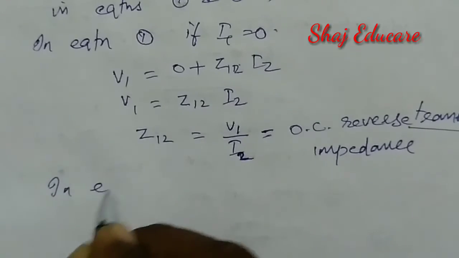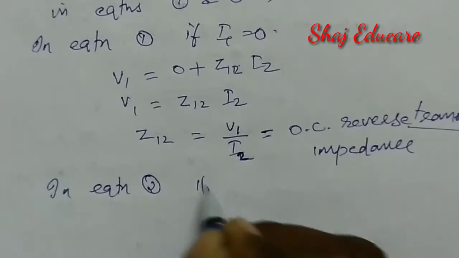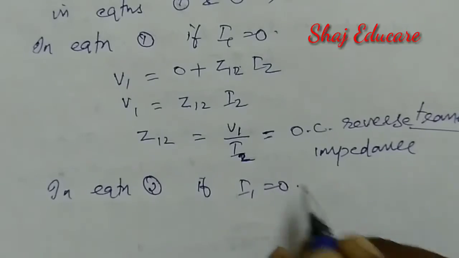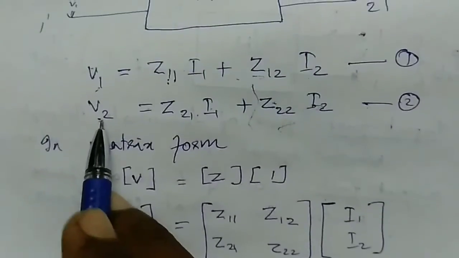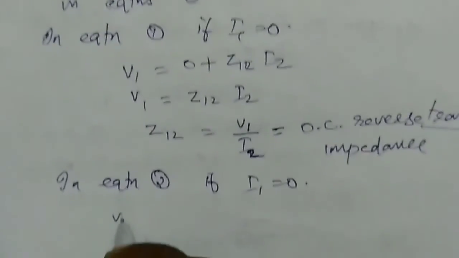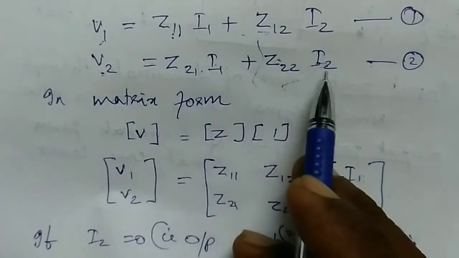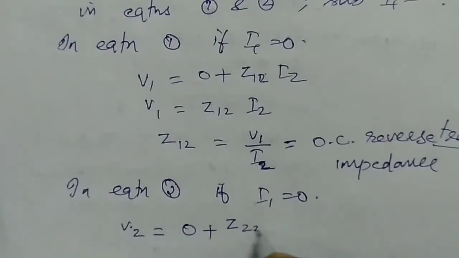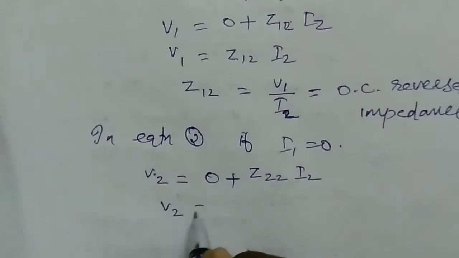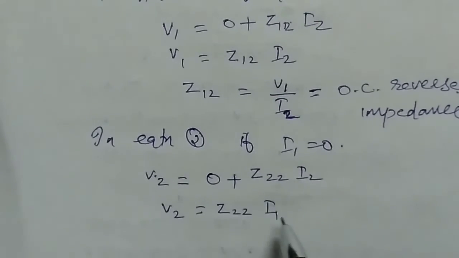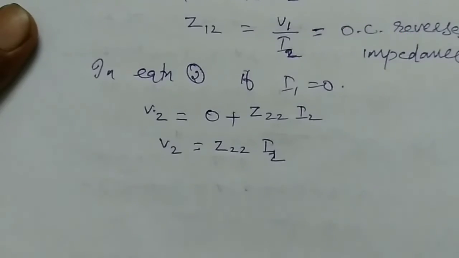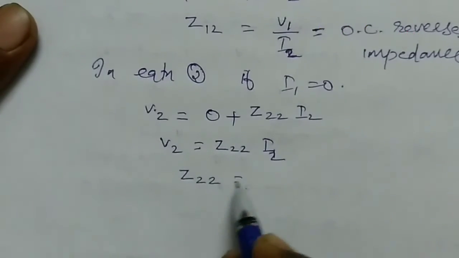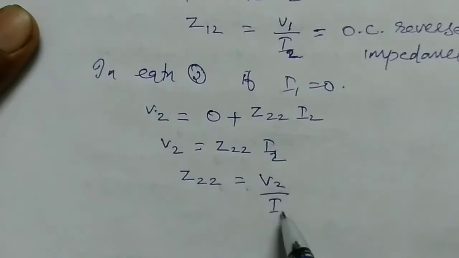In equation 2, if I1 is equal to 0, the first term will vanish, so that will be 0 plus the second term, which is Z22 I2. That is V2 is equal to Z22 into I2. Hence, Z22 will be V2 by I2.